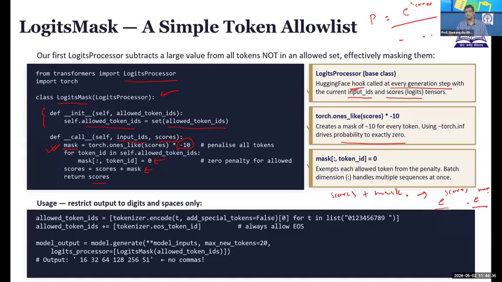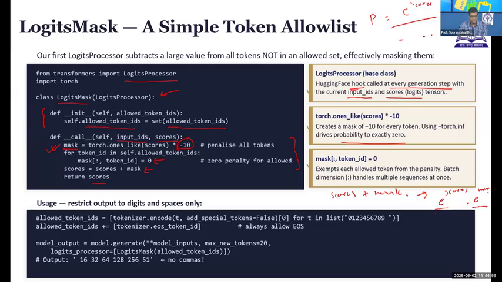E to the power minus 10 is a very small positive value. I hope you can understand why this setting makes sense. This will effectively mask out the tokens that are not in the allowed token list.